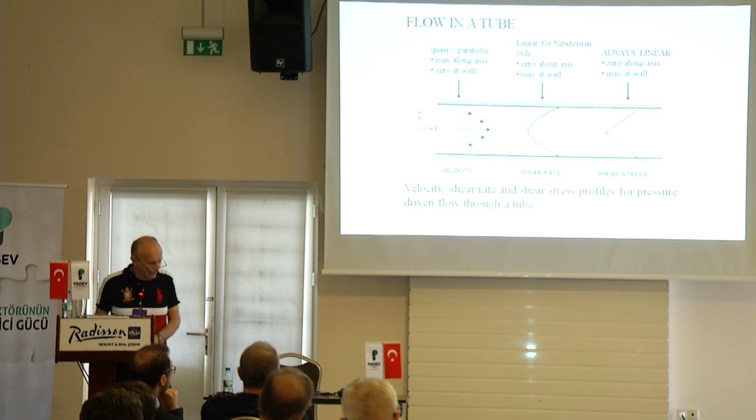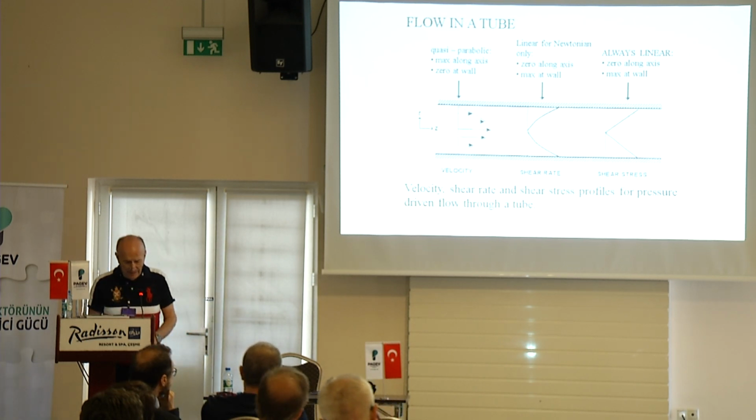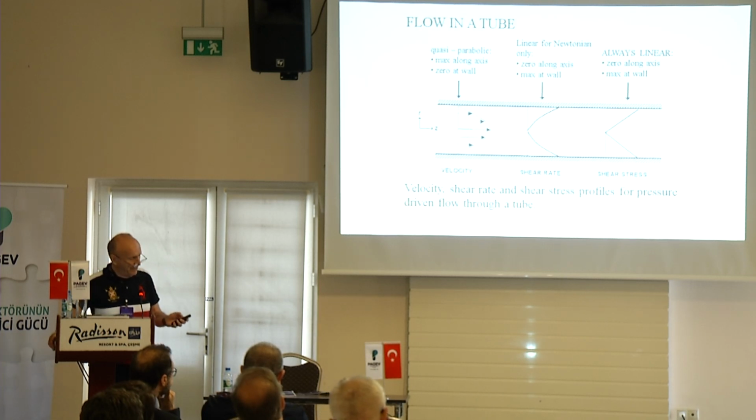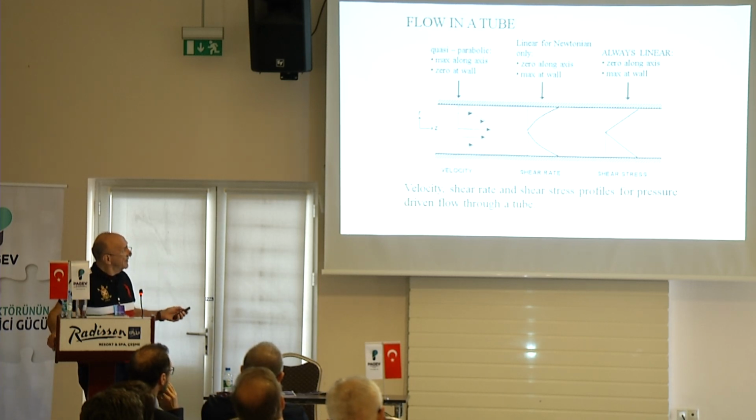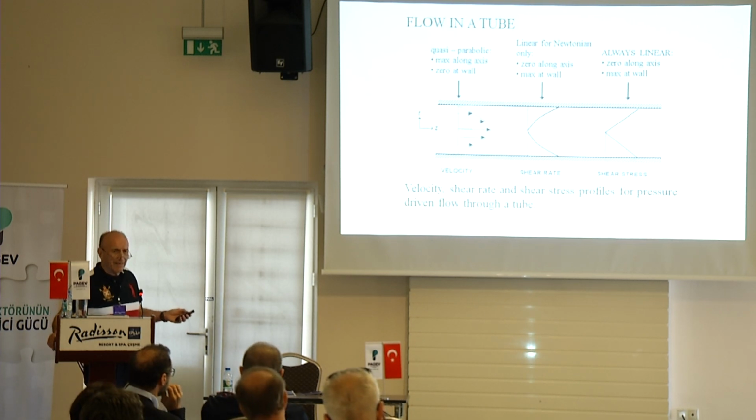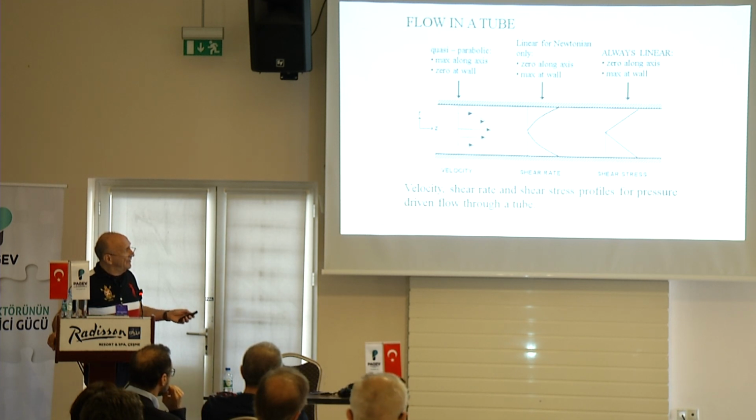We should remember that for flow in a tube like this, we have the velocity profile, which is, well, quasi-parabolic. The shear stress is linear, all right? Zero is at the center, maximum at the wall, all right?